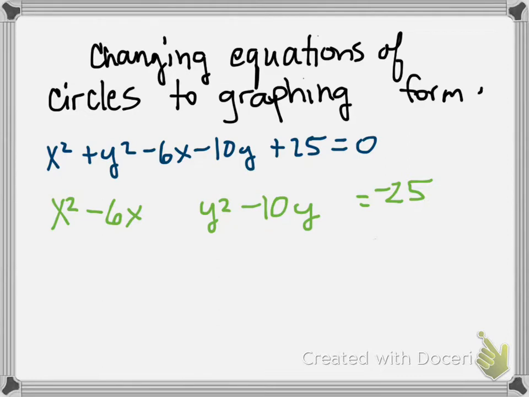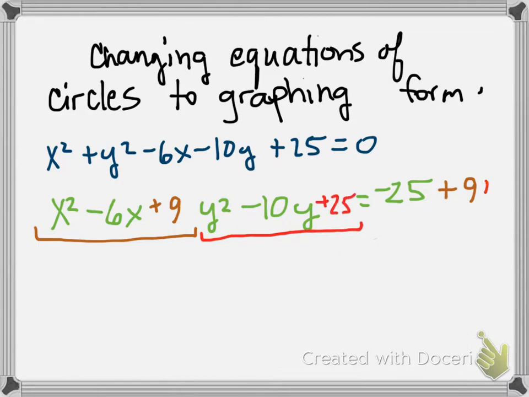Okay, so let's take a look at completing this, making this a perfect square trinomial. We would need to add 9. So then we'd need to add 9 over here. And then this one, to complete this square, we would need to add 25.